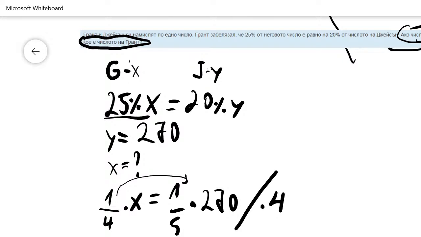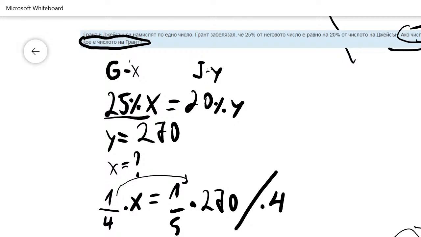And this, I won't use calculators because they're pretty easy to handle. 270 divided by 5 is equal to 54, multiplied by 4, which is equal to 216. So that's his number, not 13.5. Yeah, I just made a mistake.